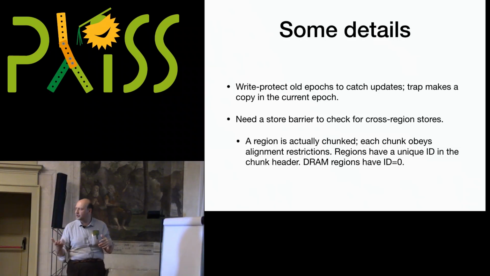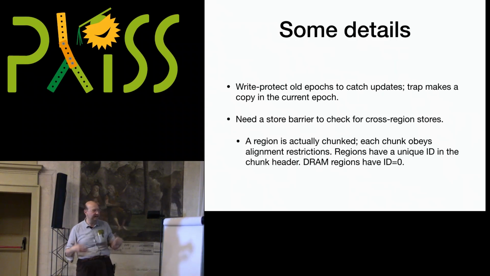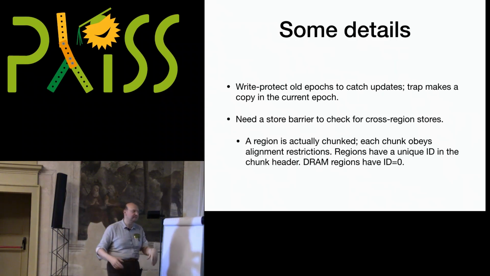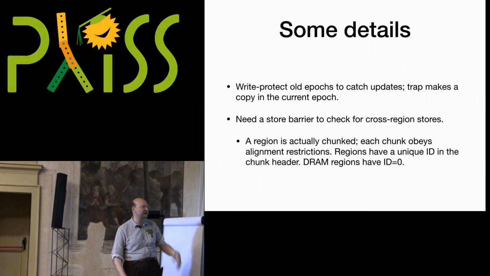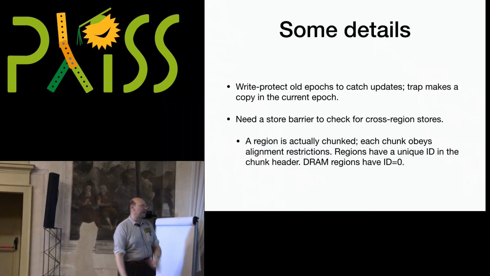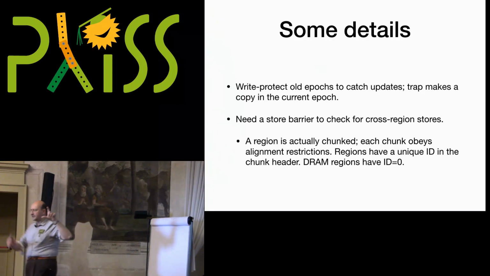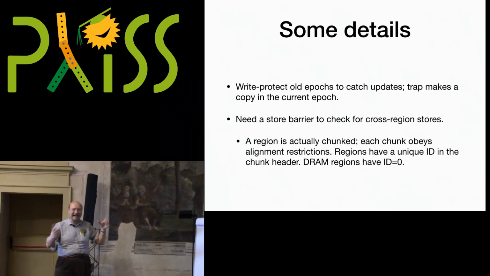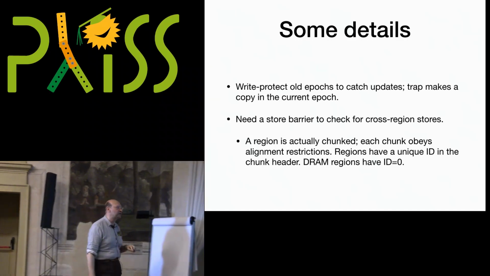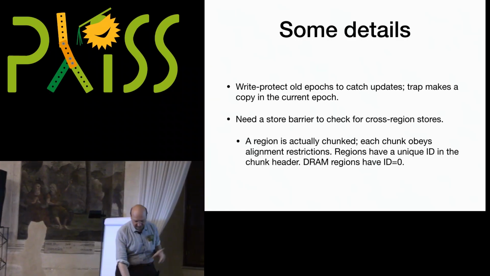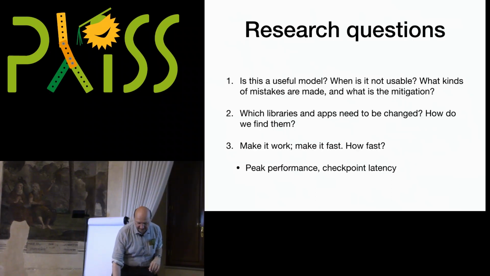If you know the region of the source and the region of the destination and they're the same region, once you've proved that, you can assume it for the rest of the life of those references. And in fact, even though I pictured it as a single contiguous thing, it actually has to be chunked with alignment restrictions to get a bunch of things to go fast.